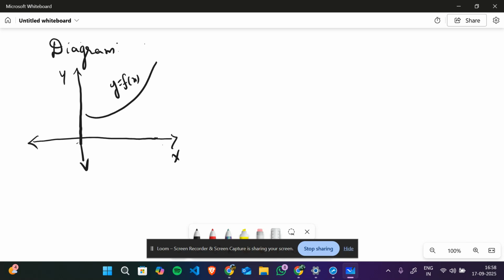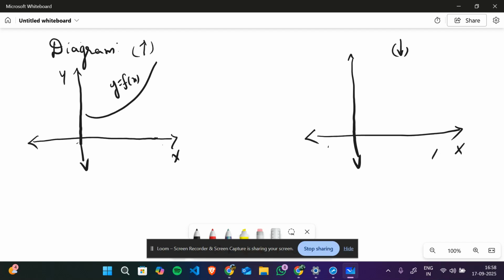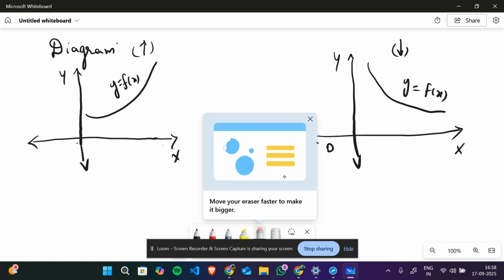This diagram is for the explanation of increasing function. Here, let me draw another diagram for the explanation of decreasing function. X-axis, y-axis. So now let's consider the function y equal to f of x. This is an example for decreasing function.